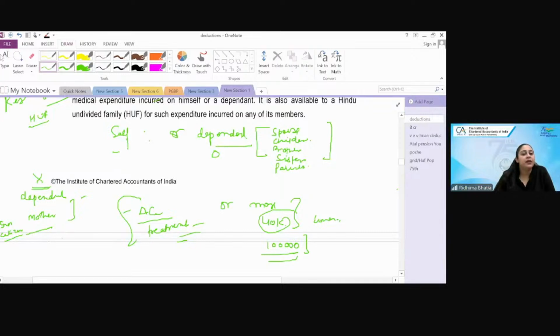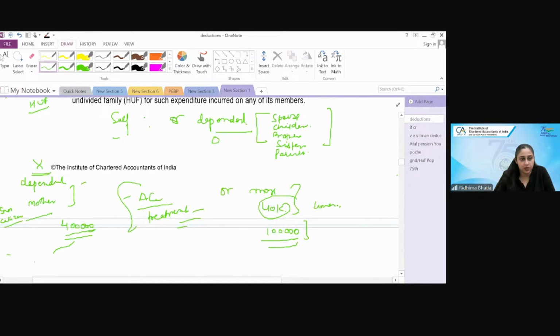The kharcha for her medical treatment comes to 4 lakh rupees. So now an assessee can do what? An assessee can claim 1 lakh under 80DDB, very rightly, and remaining 3 lakh to the maximum limit of 50,000 can go under 80D also.